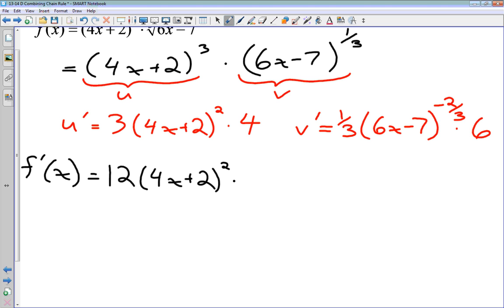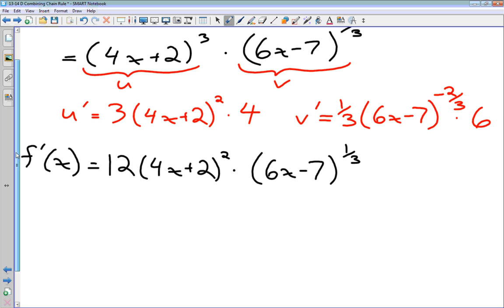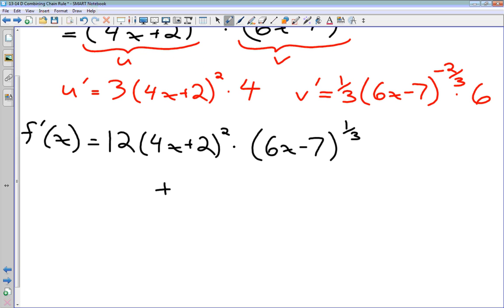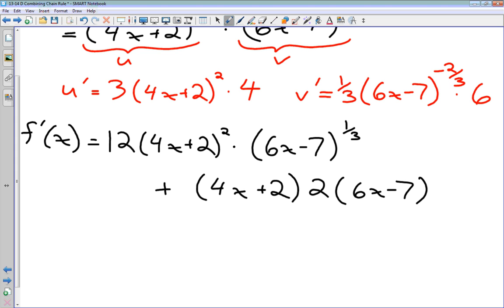That gets multiplied by 6x minus 7 to the 1/3, plus, what do we need next? We need u times v primed. So u is just going to be 4x plus 2. V primed is the 1/3 times the 6, which is going to be 2, 6x minus 7 to the negative 2/3. And that's our derivative.